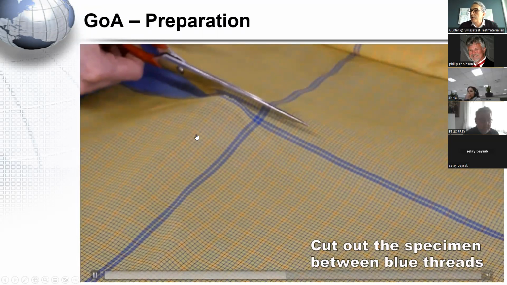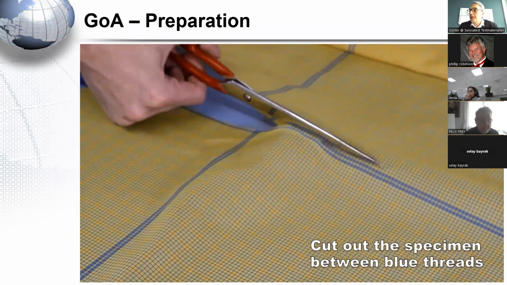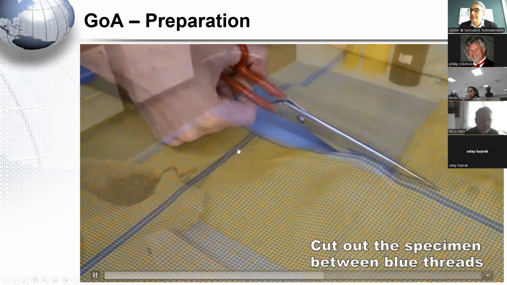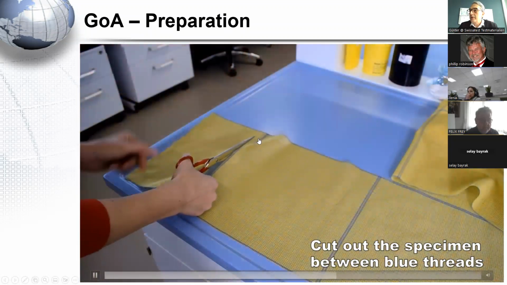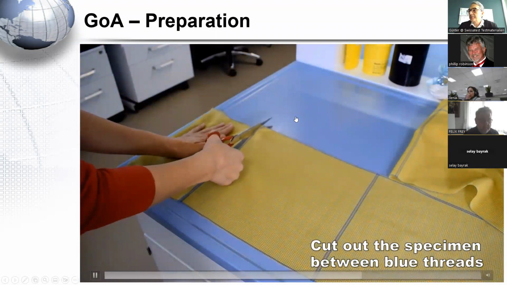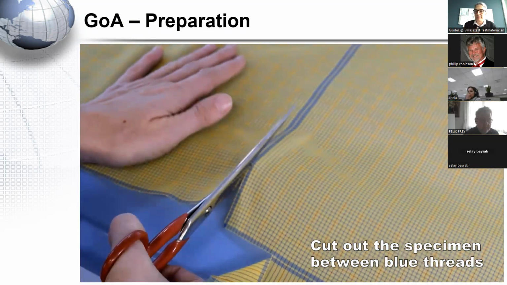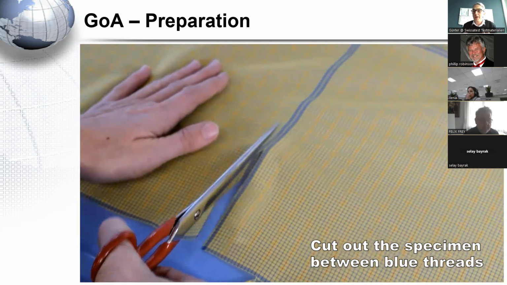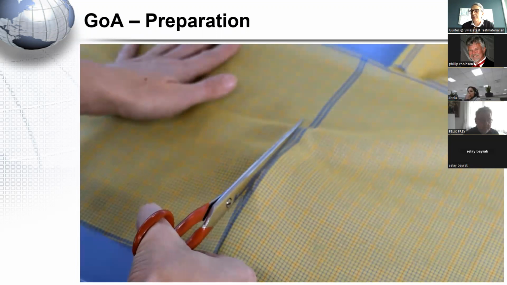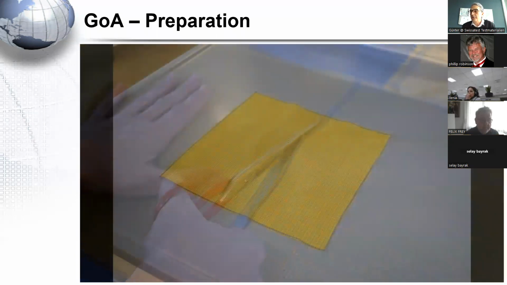Then start to cut out the material, and please try to stay inside the blue end marking thread. As you can see, it's not a big deal if you cut a bit to the left or to the right, but try to stay as well as possible in between these blue marking threads.